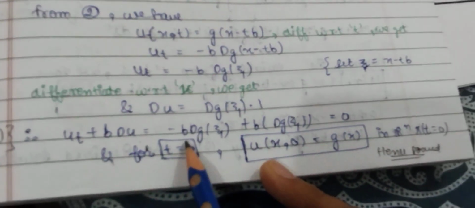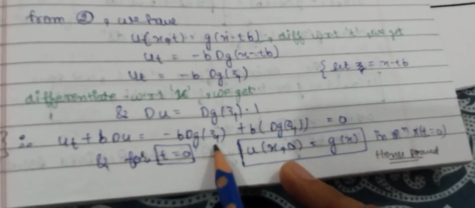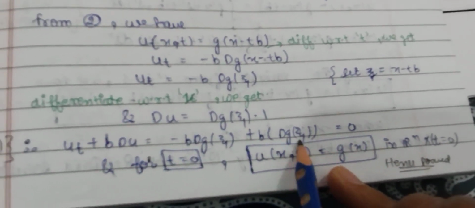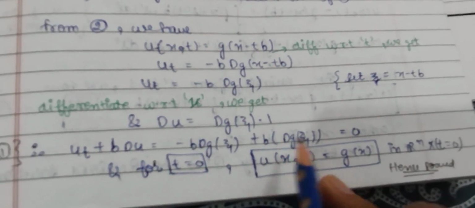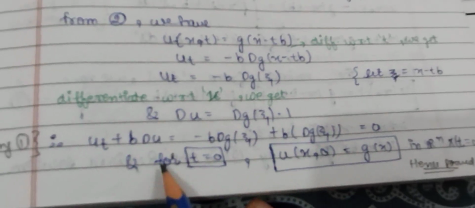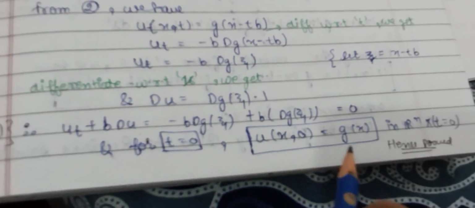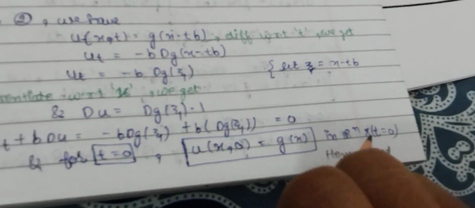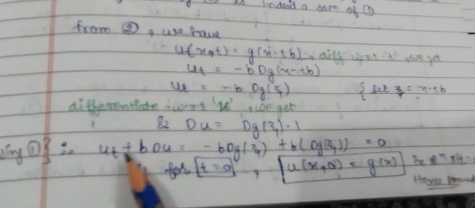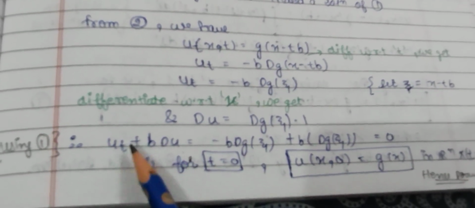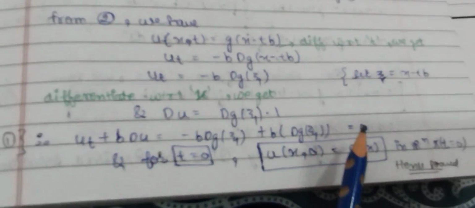So what is the value of ut plus b dot Du? Minus b Dg(xi) plus b Dg(xi). They cancel out, equals 0. That means for t equals 0, u of (x, 0) equals g(x) in Rn cross t equals 0.